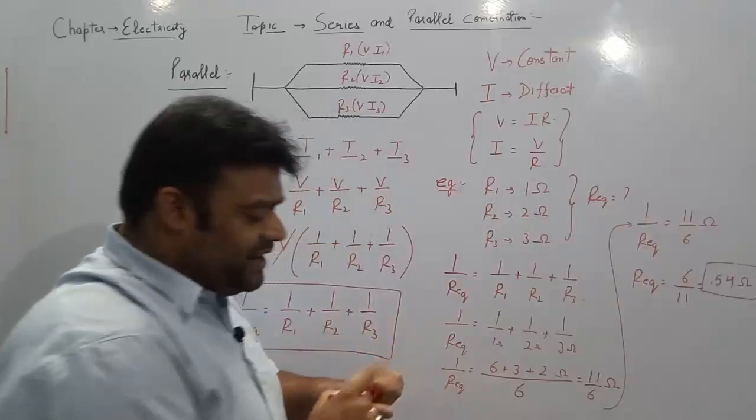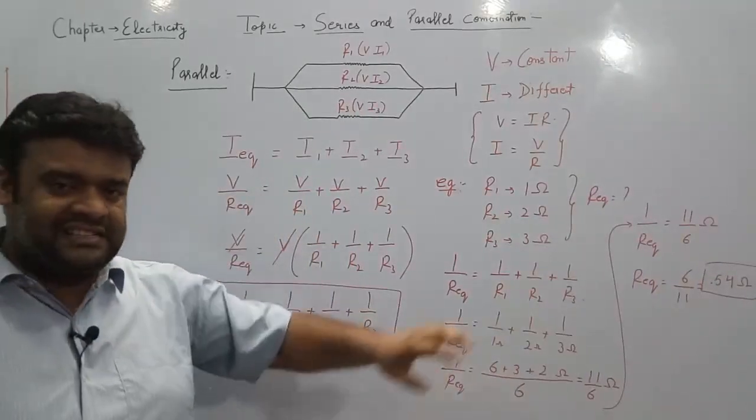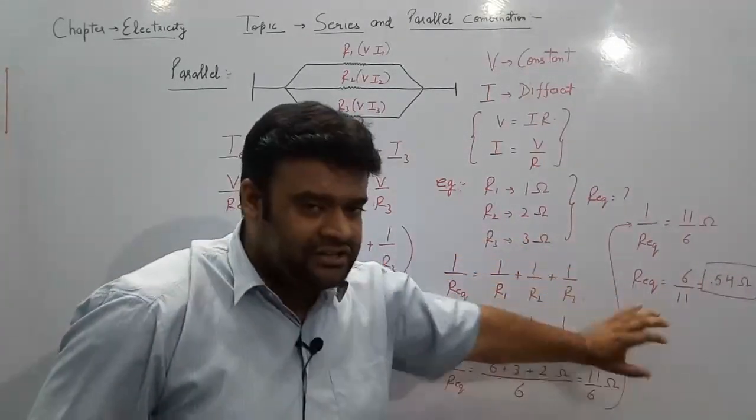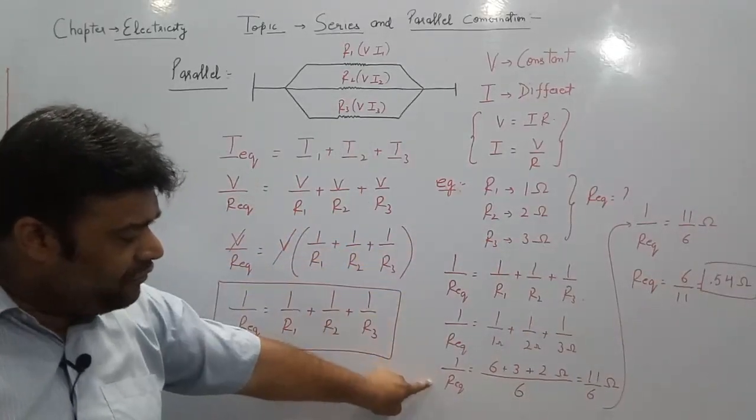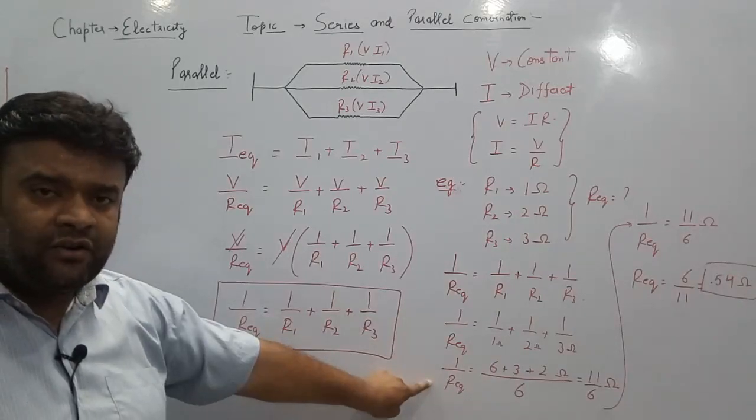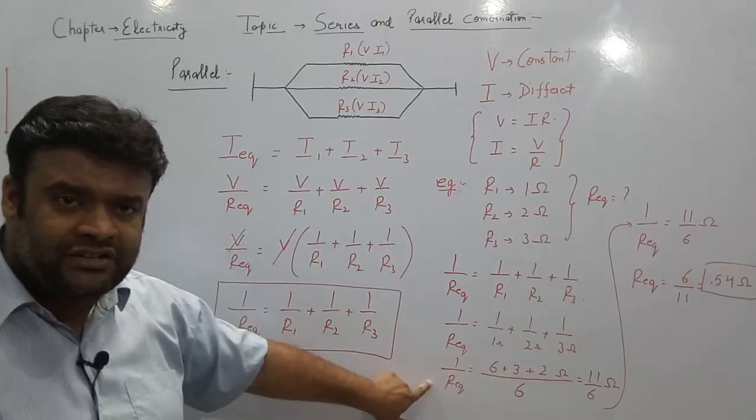This is the value for equivalent resistance in parallel combination. First we will find the value for 1 upon R equivalent when we find the combination of resistances in parallel.